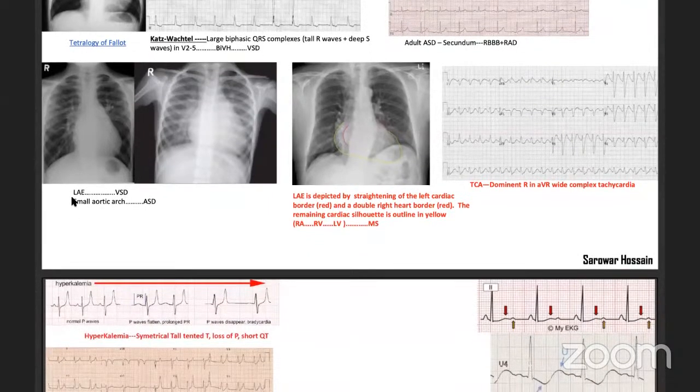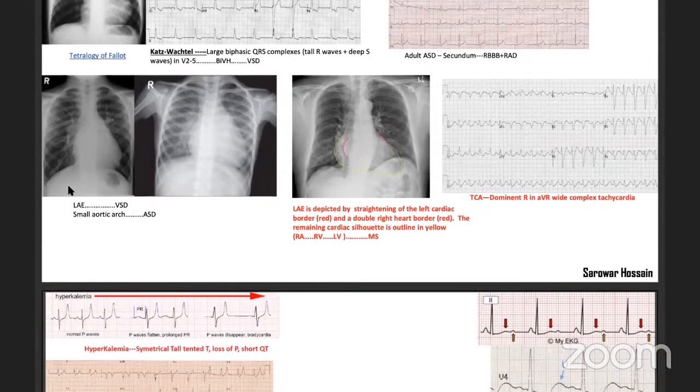Okay. Left axis, LAE. What is LAE? Left atrial enlargement, I think. It is definitely not MS because it's not going straight till here. Small aortic arch. Where can they get this? Aortic arch will be very small.